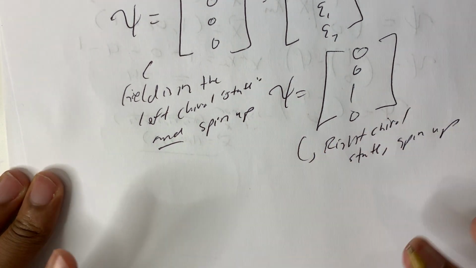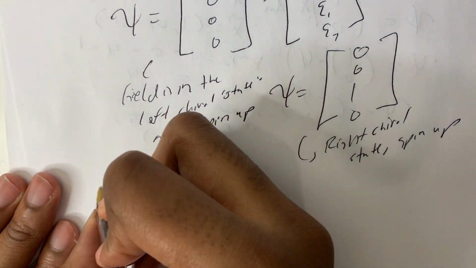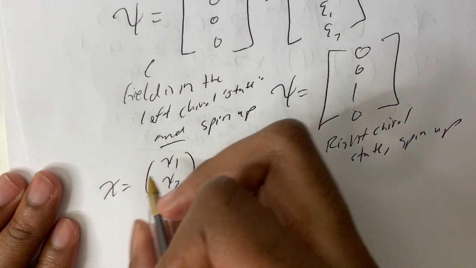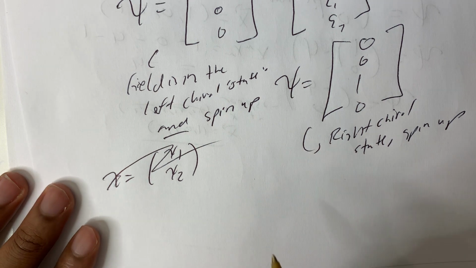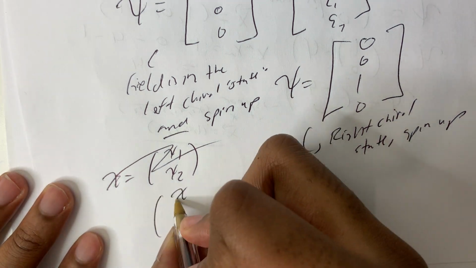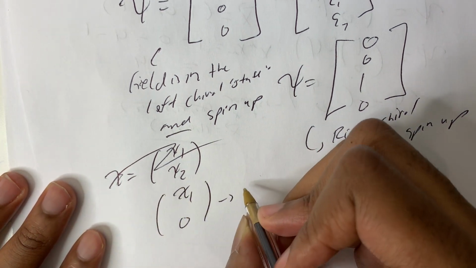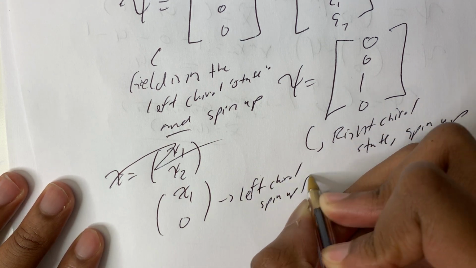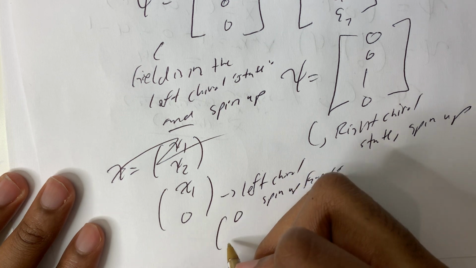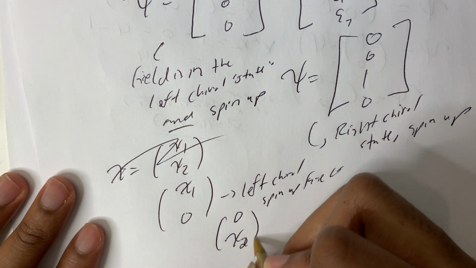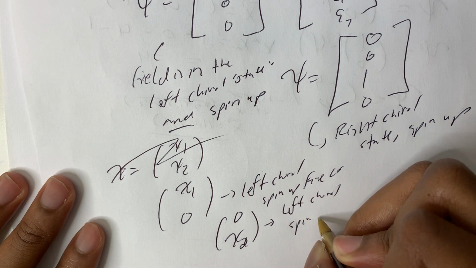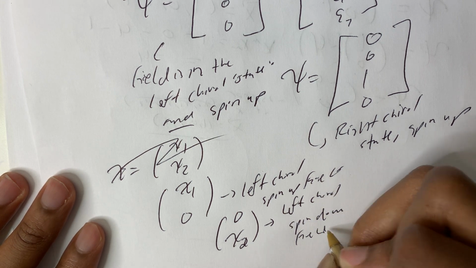So to put it in more explicit fashion, chi 1, 0 corresponds to a left chiral spin up field, and then 0, chi 2 is a left chiral spin down field.